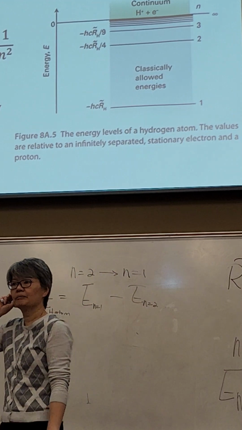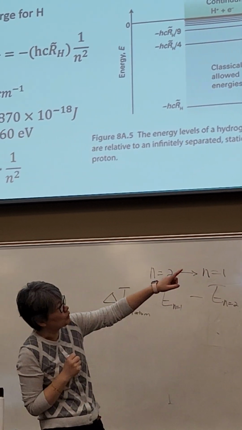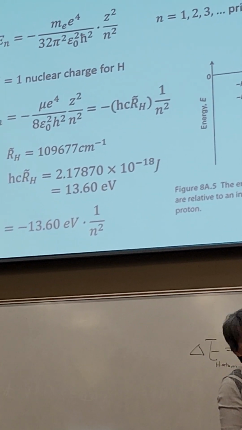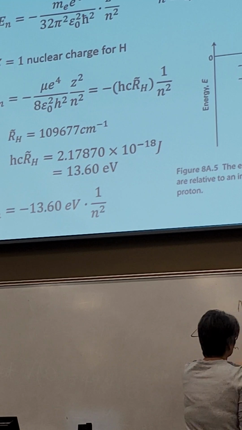Does that make sense? We know what the Rydberg constant is, equal to 1.677 per centimeter. Okay, now let's plug it in here.